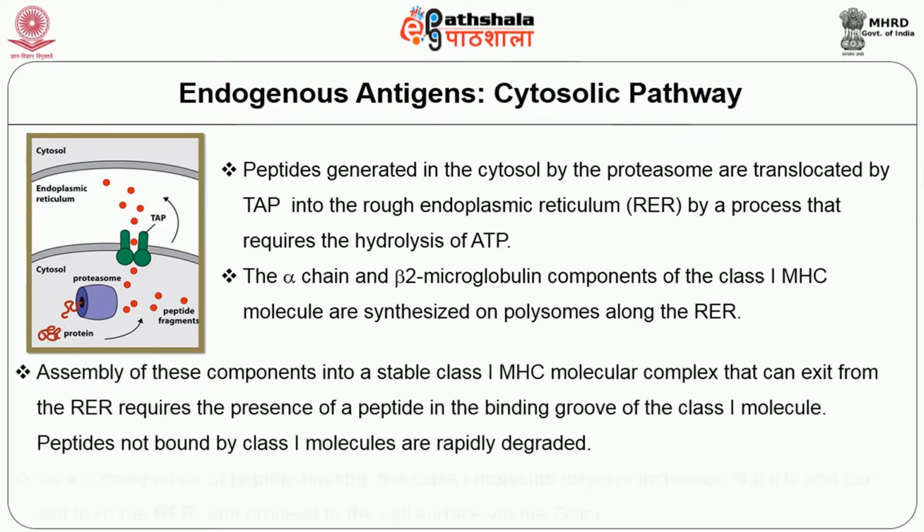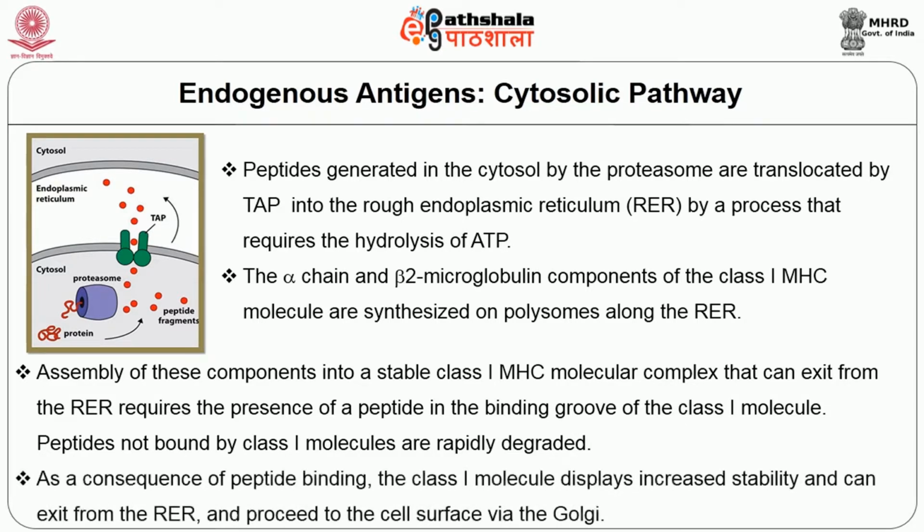Assembly of these components into a stable class 1 MHC molecule complex that can exit from the rough endoplasmic reticulum requires the presence of peptide in the binding groove of the class 1 MHC molecule. Peptides not bound by class 1 molecules are rapidly degraded. As a consequence of peptide binding, the class 1 molecules display increased stability and can exit from the endoplasmic reticulum and proceed to the cell surface via the Golgi complex.